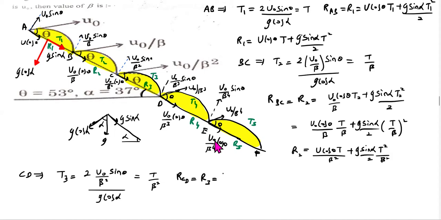This should be equal to velocity along the inclined plane, U naught beta square, I'm referring to this one. U naught beta square sin theta will determine the time of flight. U naught beta square cos theta, this one, and G sin alpha and time of flight will determine the range from C to D. So this should be equal to U naught beta square cos theta T3 plus G sin alpha by 2.